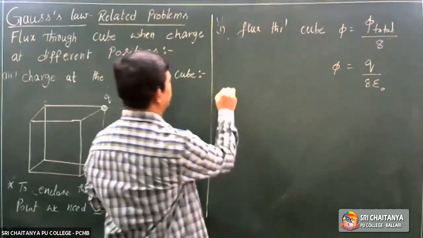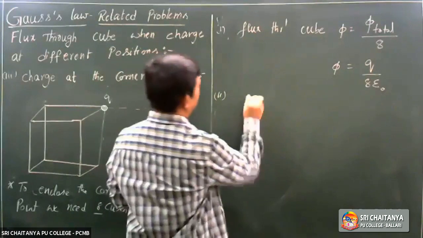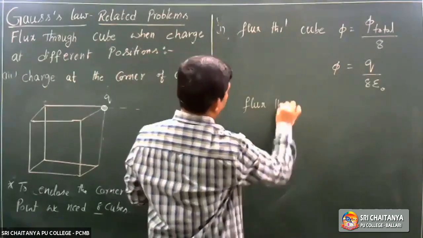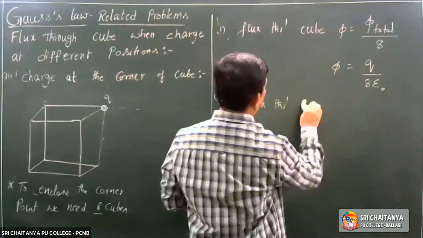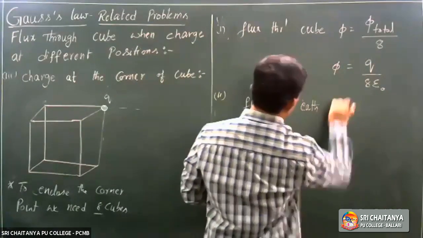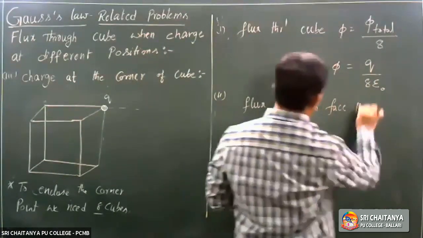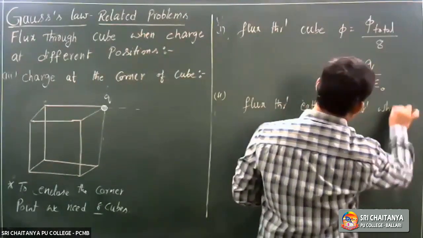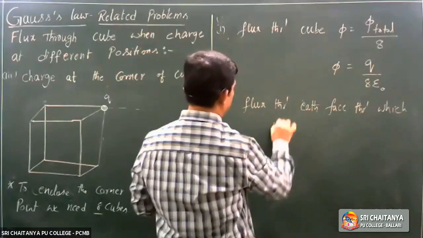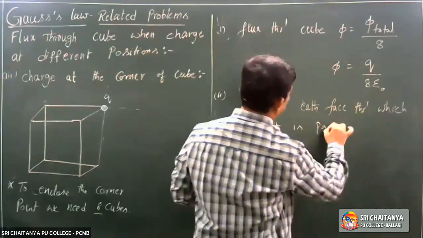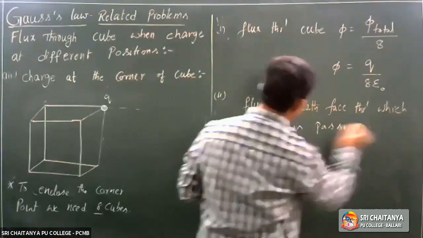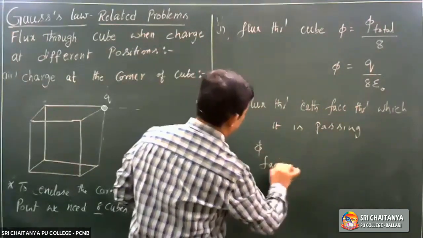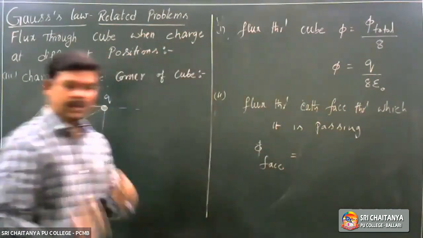Again, second question. Flux through each face, through which it is possible. Understand?